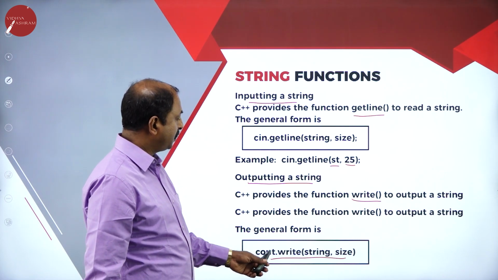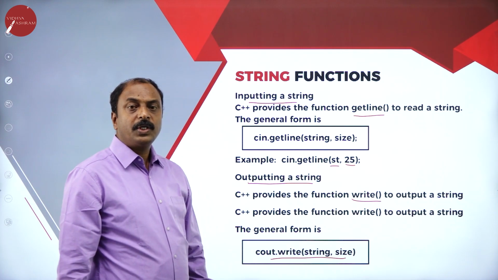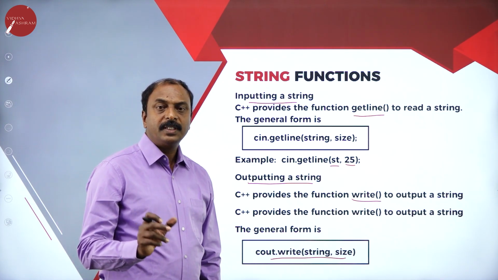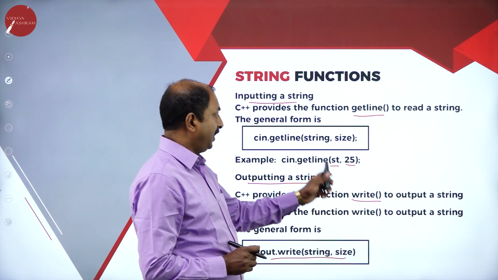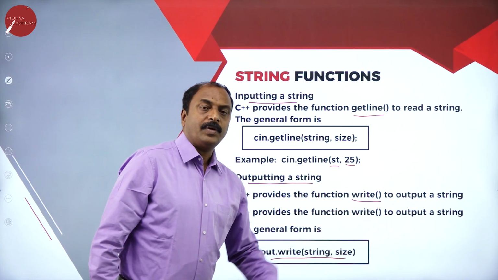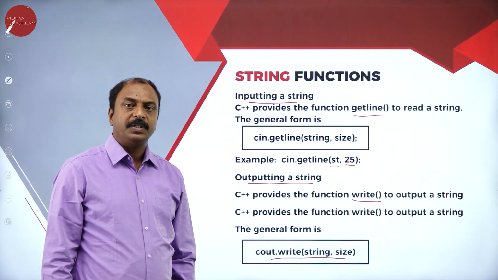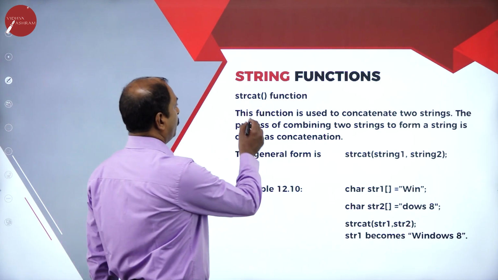In the example, cout.write(st, 25) is going to print the content of the string variable st. So by using getline and write, we can input and print a string on the output devices. Next, let us see a few functions.